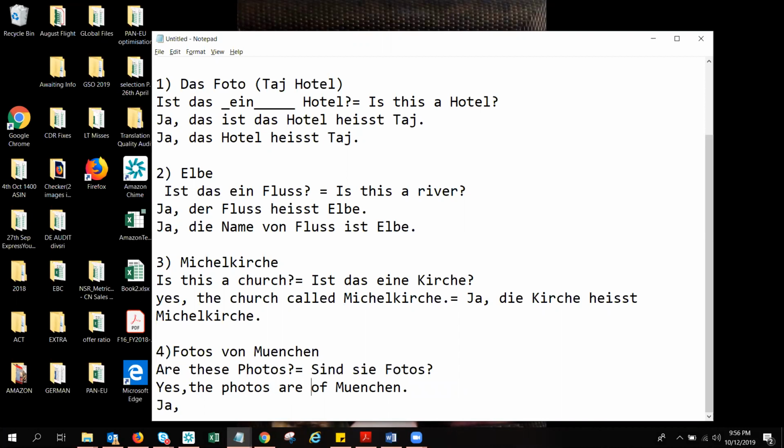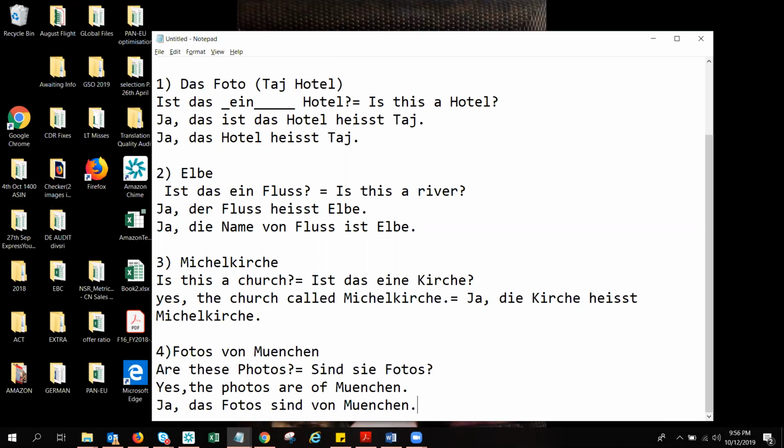So die Fotos sind von München. Where is the verb? The Fotos, sind, von München. Okay. Shruti, is this correct or is there any difference?